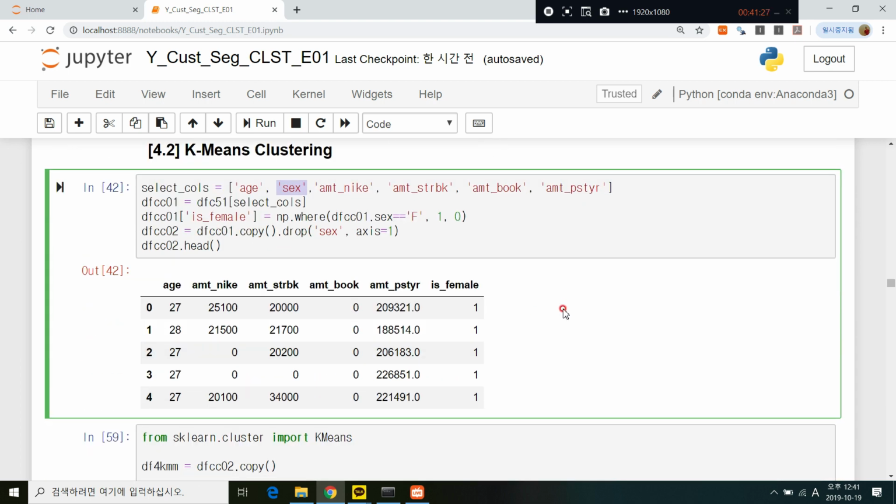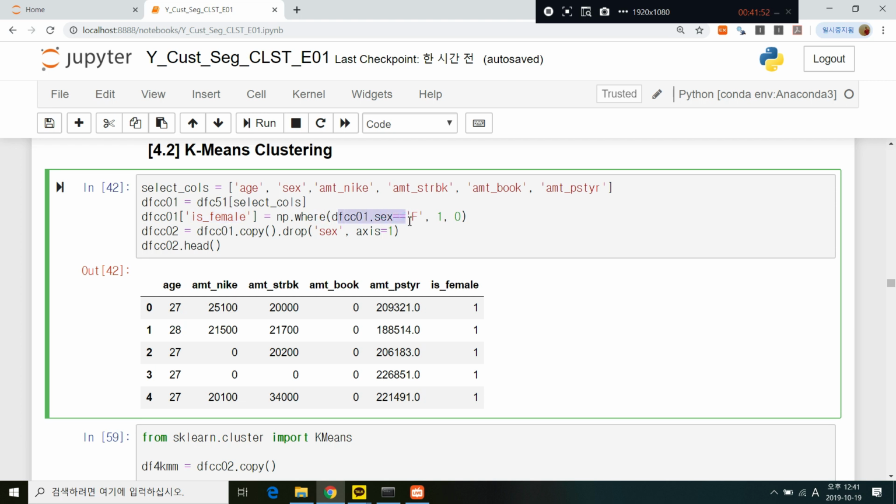Then what did you do? There's no choice but to encode this, to convert the categorical variables to encoded numeric variables. So I define this new variable as is_female.